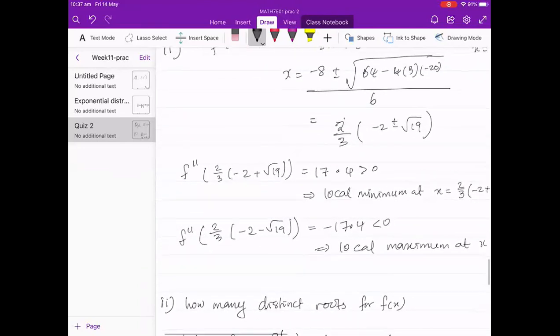And the third part is: how many distinct real valued roots does f have?